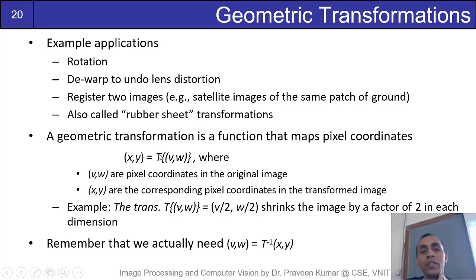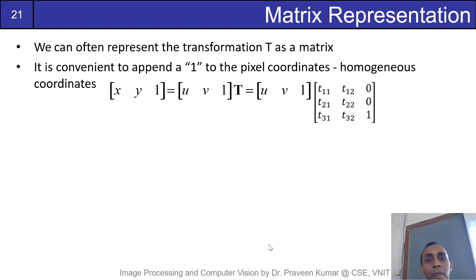So there has to be some transformation function which will change (v, w) to (x, y). For example, if you are just shrinking the image by a factor of 2, the transformation function is simply v/2 and w/2. But do remember that mostly we will be interested in T inverse. So once we know the T, we'll have to apply T inverse to get the original intensity values.